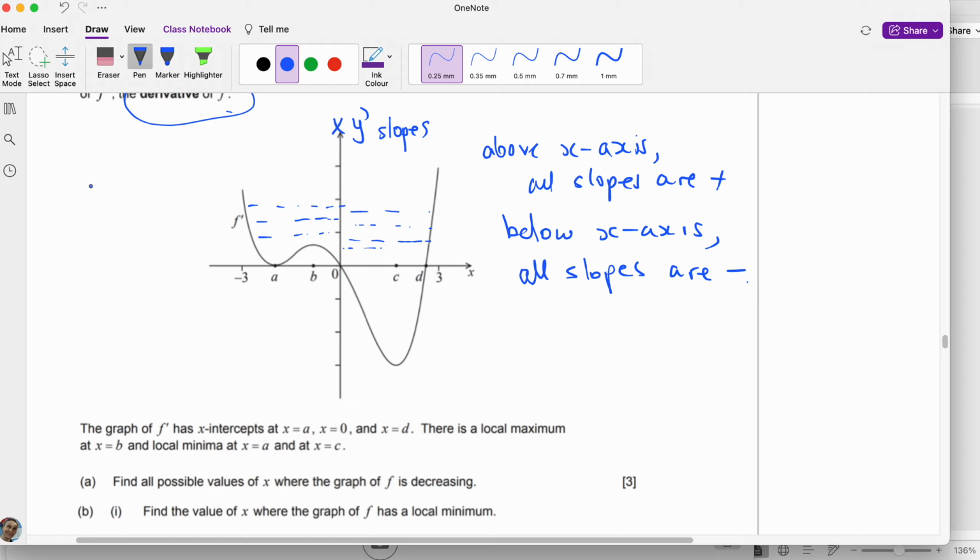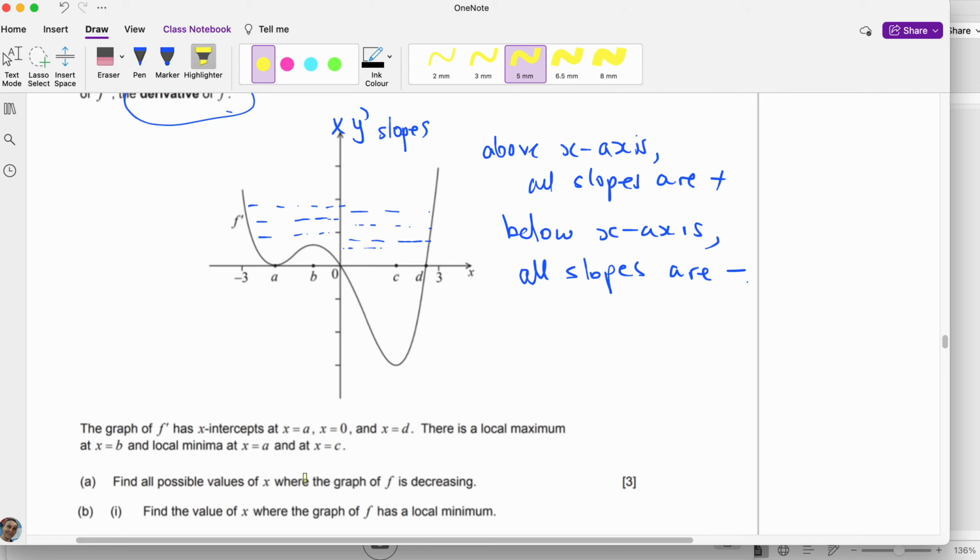So this graph has x-intercepts. There's a local maximum at B and local minima at A and at C. But you actually don't care about these minima or maxima because these are for the derivatives, okay?